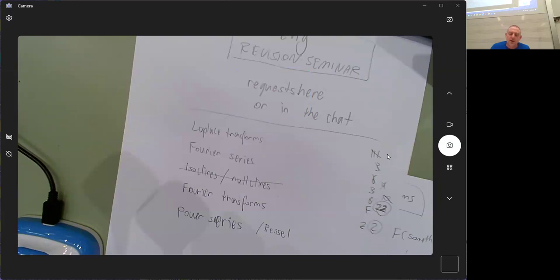The J's come about by doing Frobenius's method, and the Y's come about by doing reduction of order. But that's pretty much all you need to know. The important thing is to know what differential equation they answer.